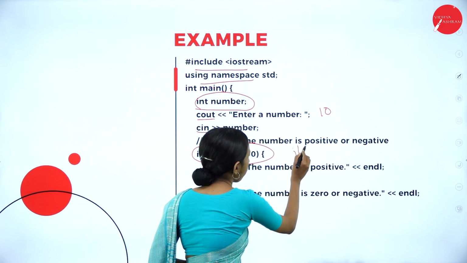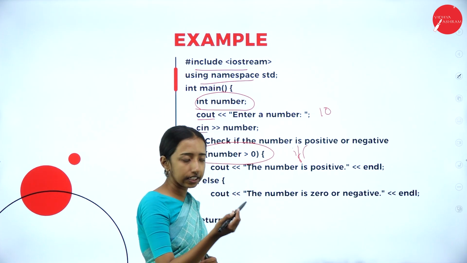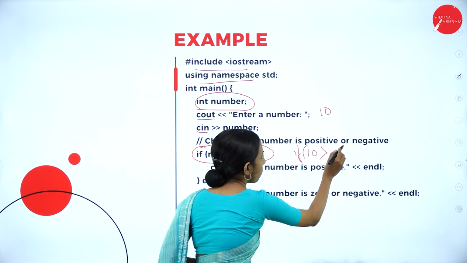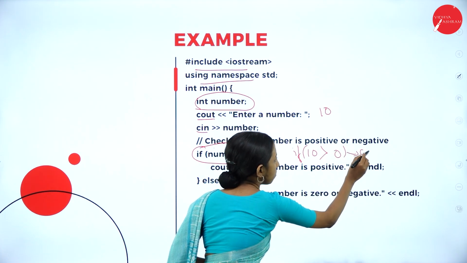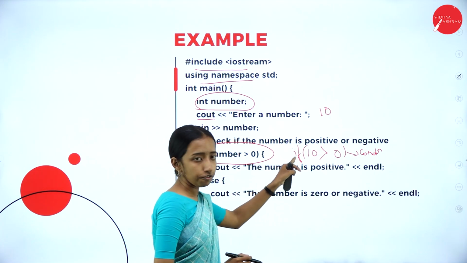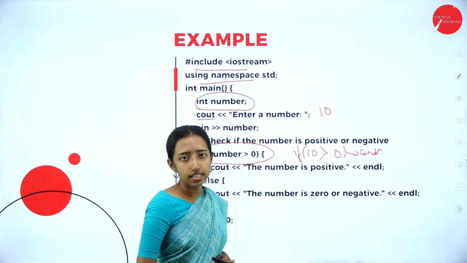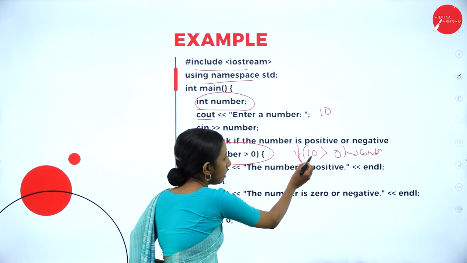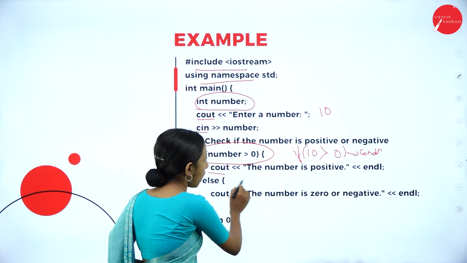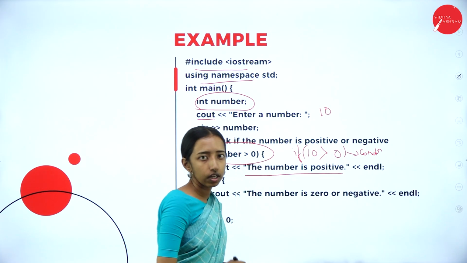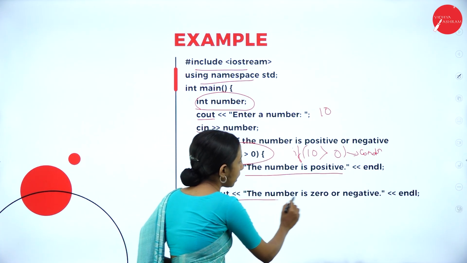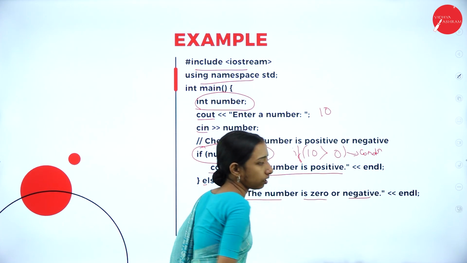If the number, what I have taken, the number 10, is greater than 0. So this is the condition. Yes, 10 is greater than 0. So we will be getting cout, the number is positive. Else we will be getting the number is 0 or negative.